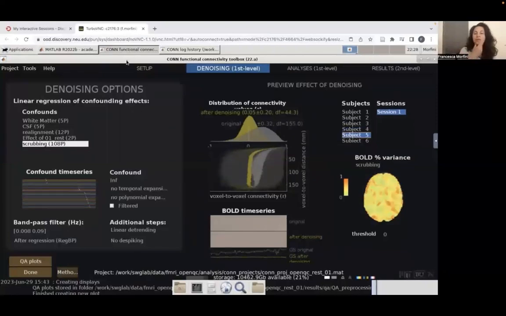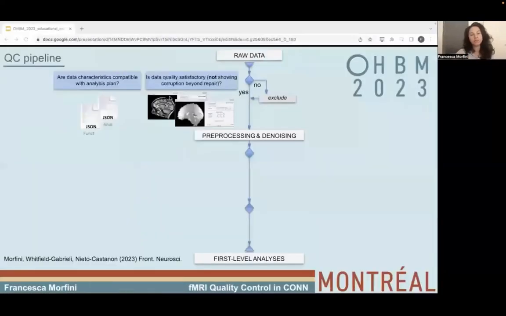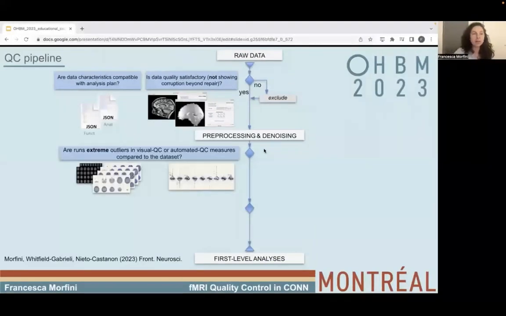So assuming that we've just run preprocessing and denoising, we're back onto the workflow, and the next major quality control checkpoint is visually inspecting the data after preprocessing. And this helps identify potential issues that were introduced by the analytical pipeline by mistake. So we had applied a series of steps, but it's not always the case that each step really achieved the goal that it was intended to achieve, and so potentially may even corrupt further the quality of the data.